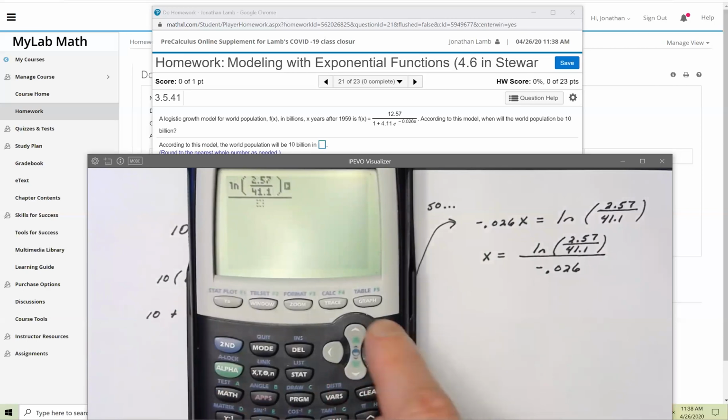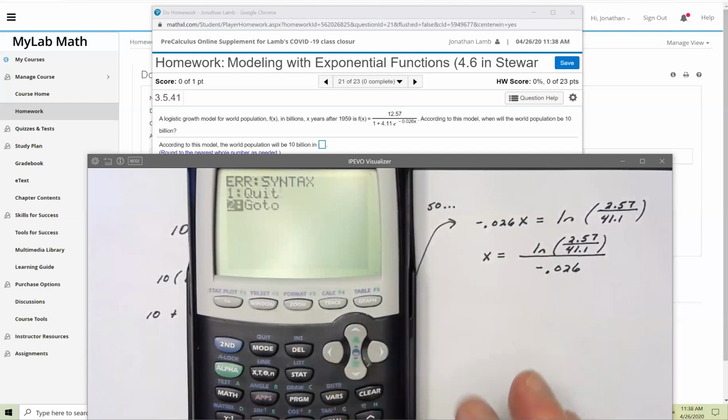I'll close that natural log off. I'm dividing that by a denominator of negative 0.026. When I do this on the calculator, I accidentally put a minus. Please don't put a minus; you have to put a negative. Divide by negative 0.026.